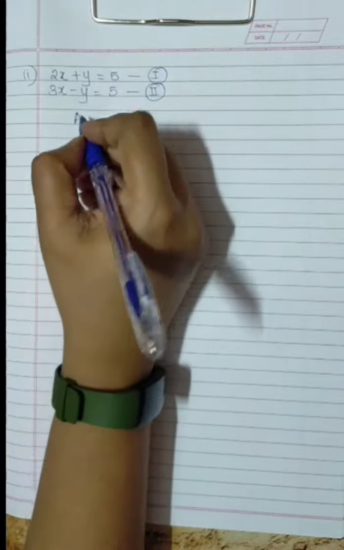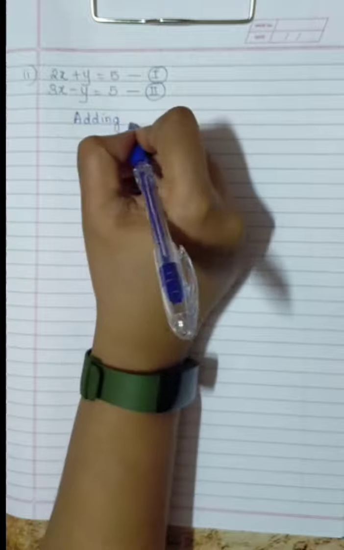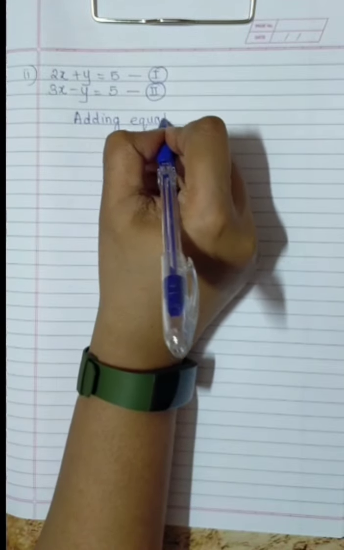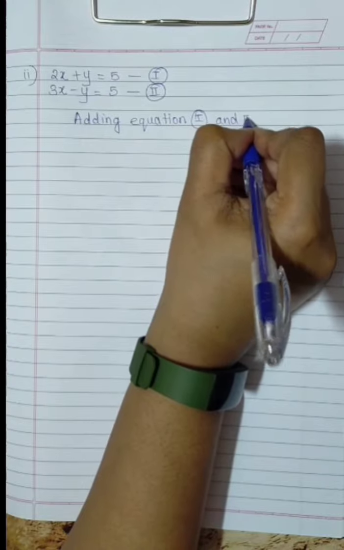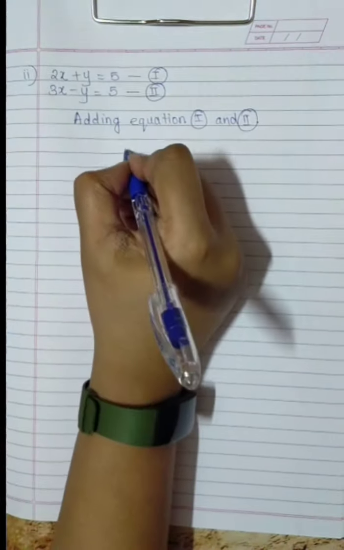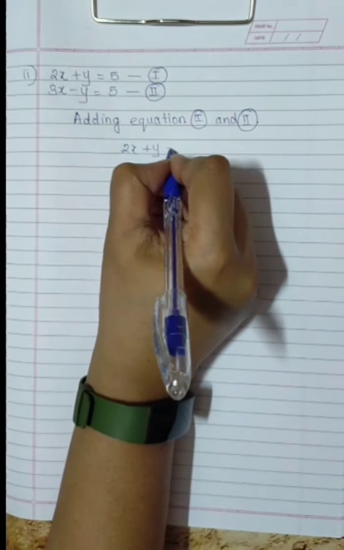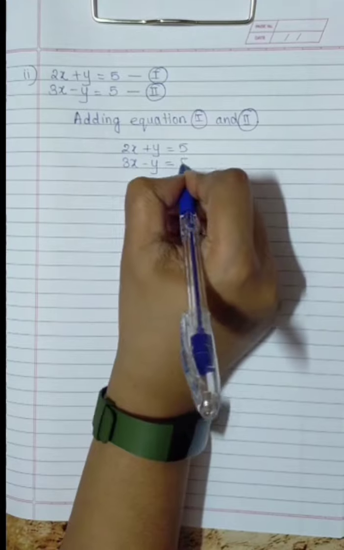So we'll directly add both equations, adding equation first and second. Now we are going to add both: 2x plus y equal to 5, 3x minus y equal to 5.